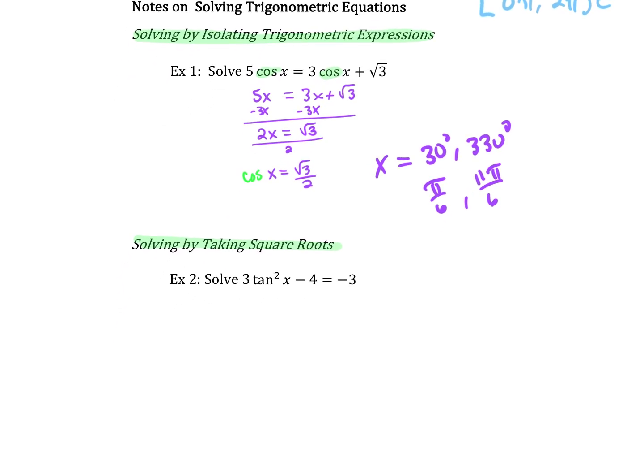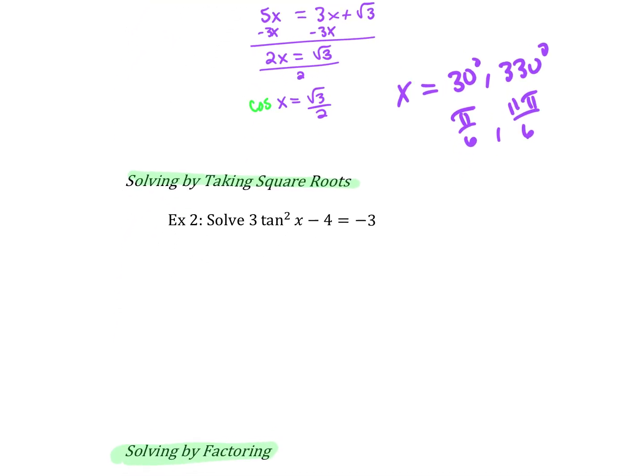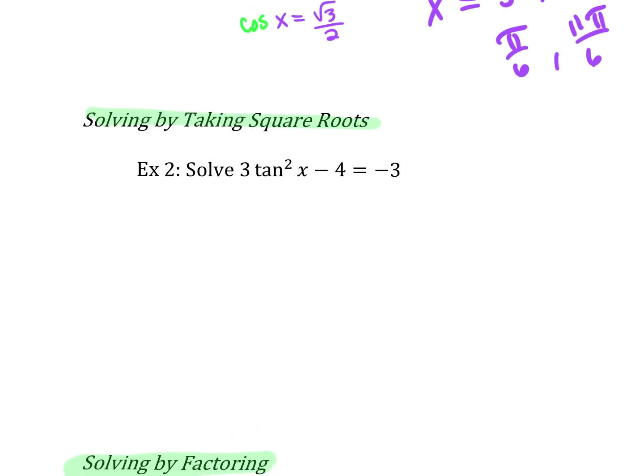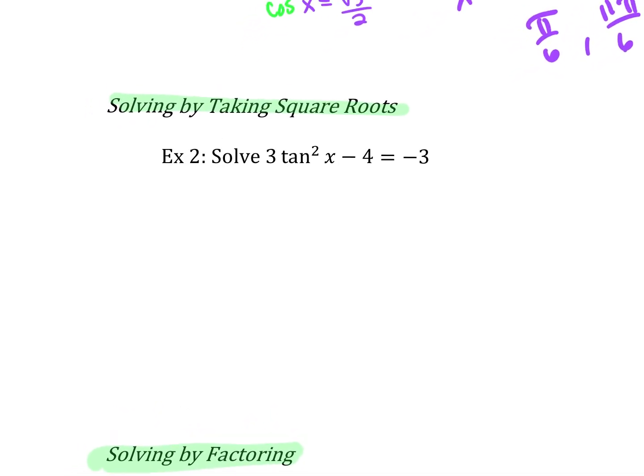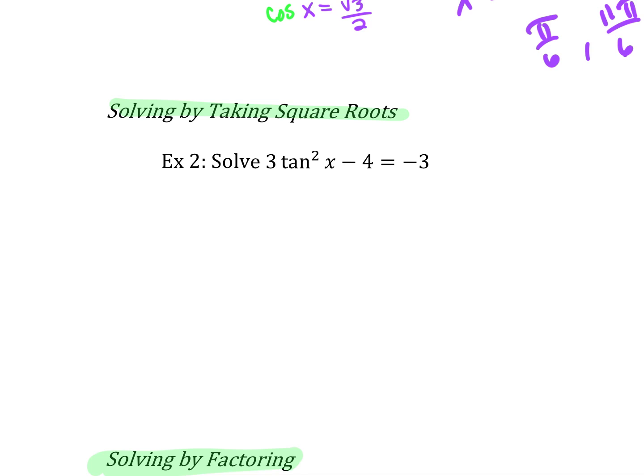Okay, let's look at this next one then. On this one, if you need to, you could rewrite using just x's in there, but I think you guys can see on this one that we're just going to add 4. And that gives us 1, and then we're dividing by that 3.